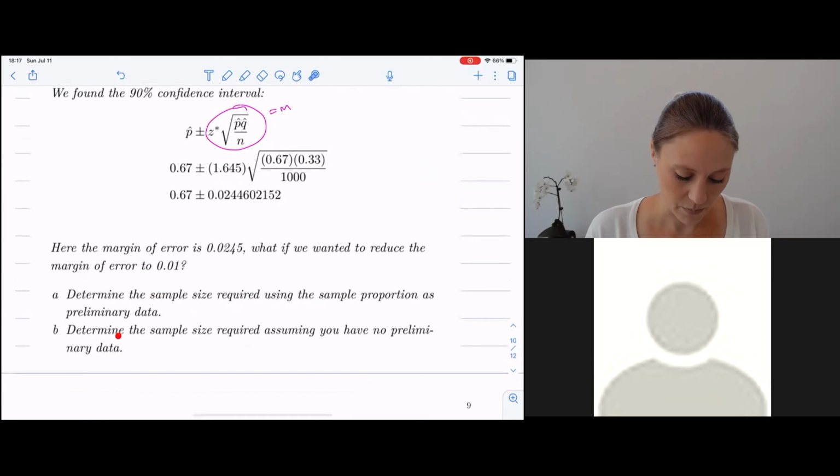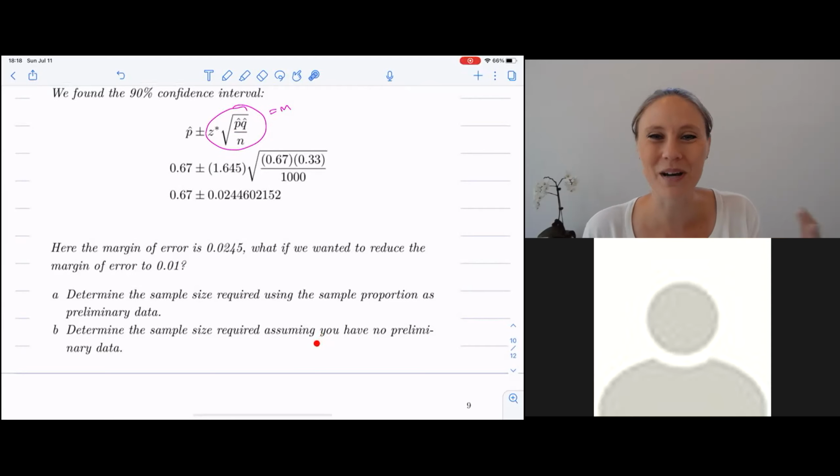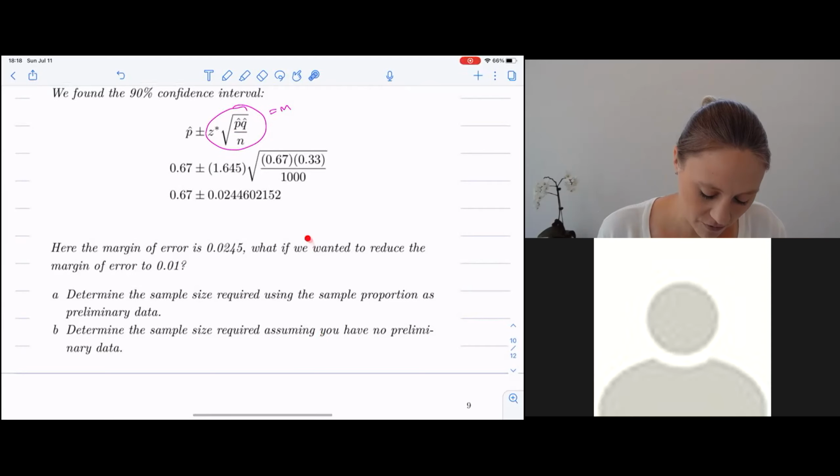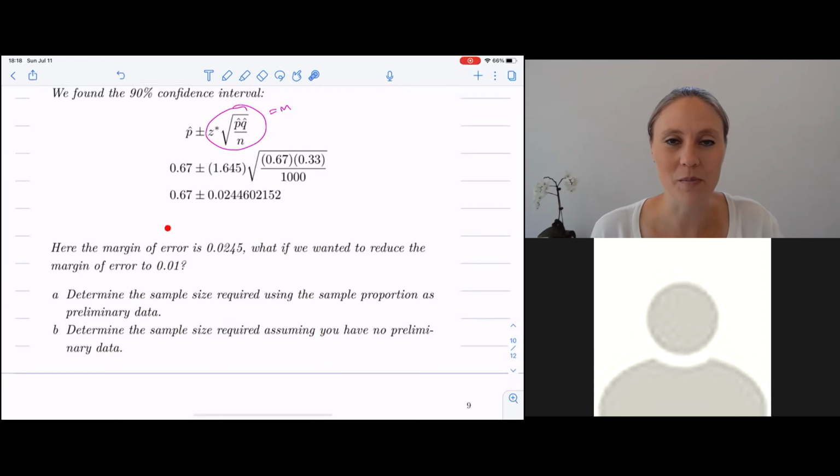Part B: determine the sample size required, assuming you have no preliminary data. Then what do you use? Then you're going to use the 50-50 split. P star becomes 0.5, and Q star becomes 0.5, because 1 minus 0.5 is 0.5. There you go. So give those a whirl, and then we'll meet back here and go through them together.